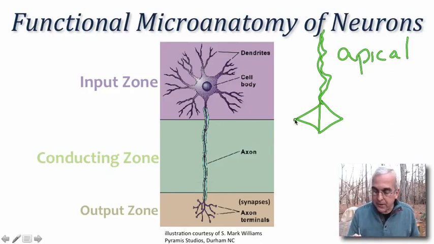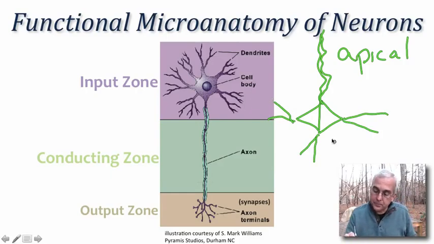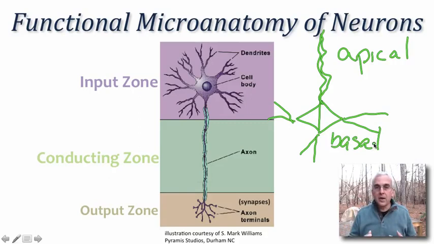At the base of the pyramid are a variety of other dendrites called basal dendrites. And this special apical dendrite might have some unique properties with respect to its role in receiving signals from other neurons, and those might be somewhat distinguished from those in the basal dendritic tree. So the distribution of dendrites is, again, another important way that we have of classifying different kinds of neurons.